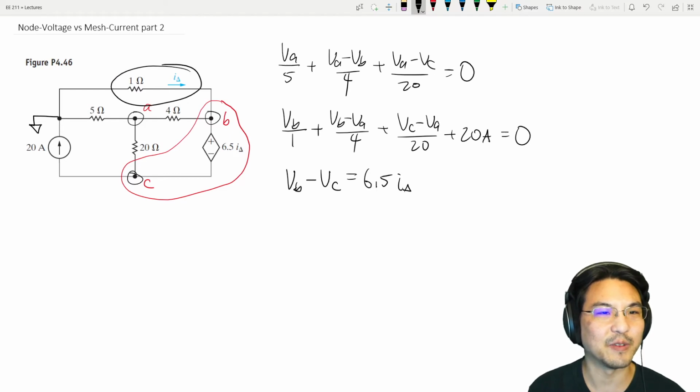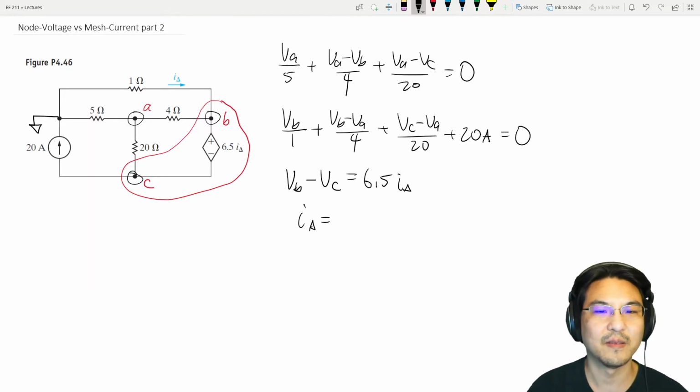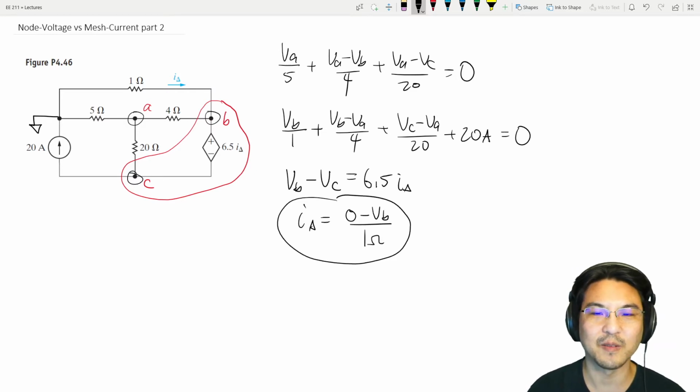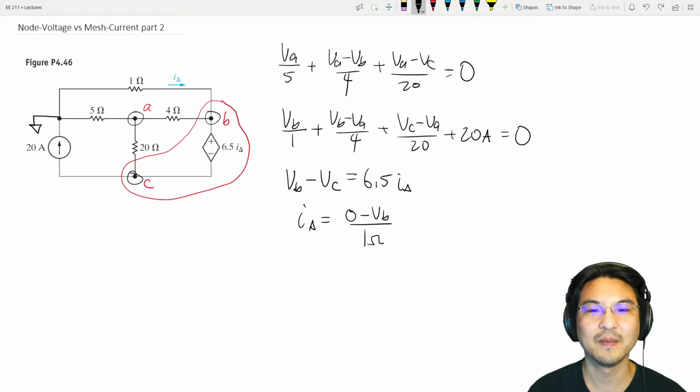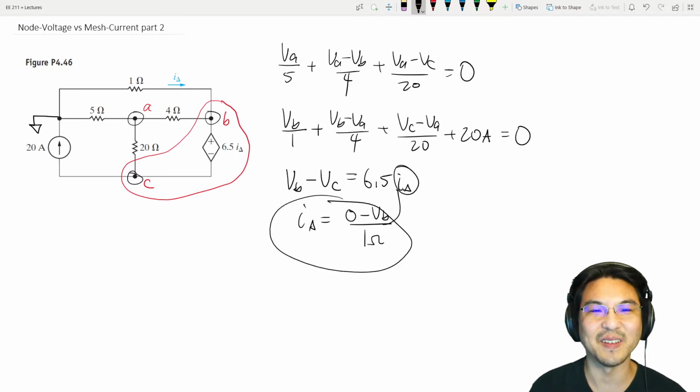Looking at this resistor, this side is 0, this side is VB, so the current is 0 minus VB over 1 ohm. You just substitute that right here. Now you have three equations, three unknowns. I mean, you have four equations, four unknowns, but you put this there and then you're left with three.